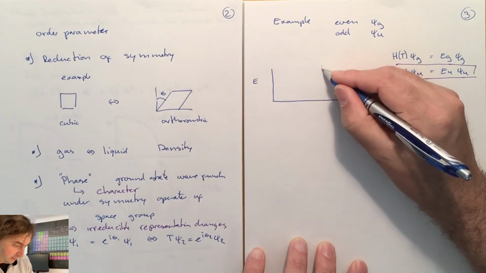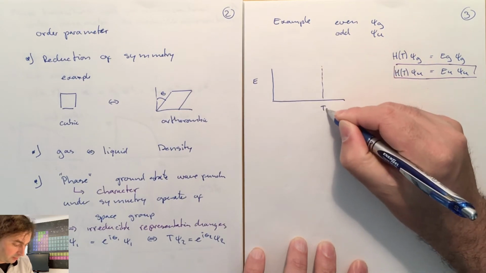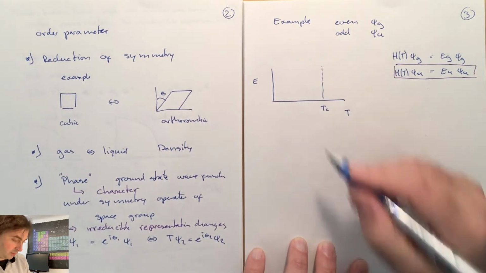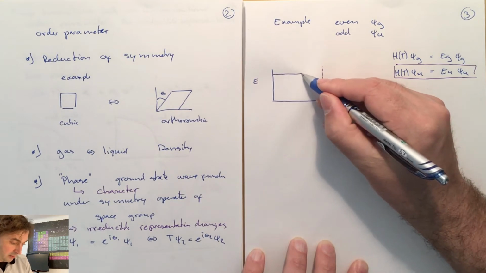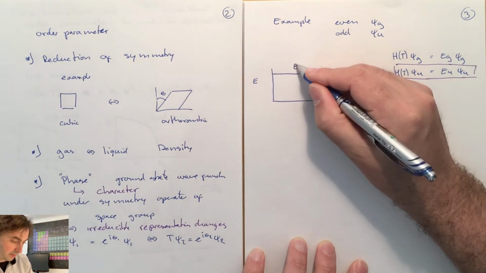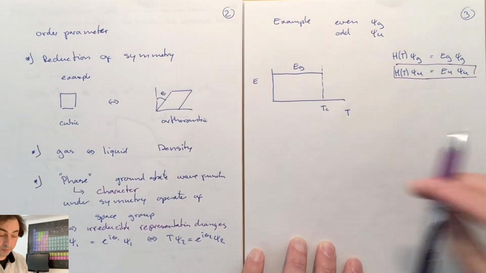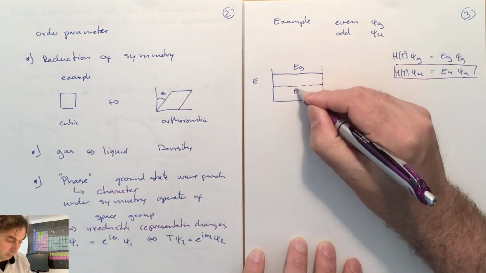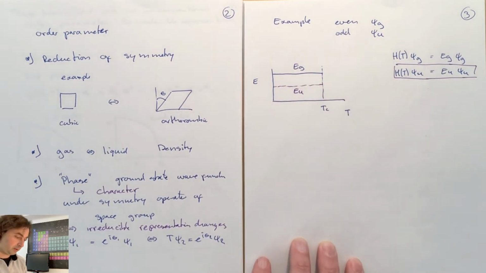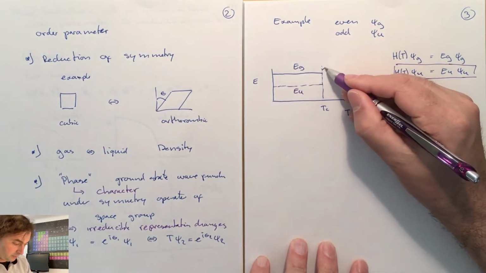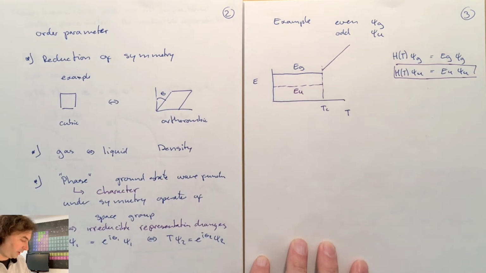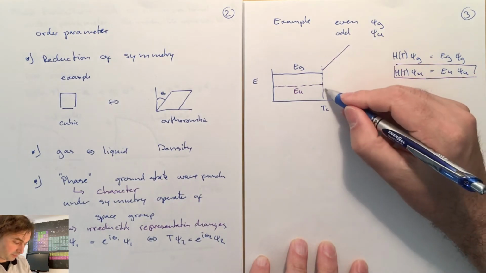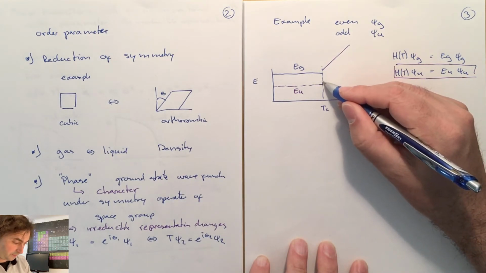And let's say we have at some temperature a phase transition. Now below that phase transition temperature, I'm just going to take a temperature independent Hamiltonian. This is just an artificial example, I'm not looking at a particular material. And above the transition temperature, we can have an energy dependence of the even and odd state.